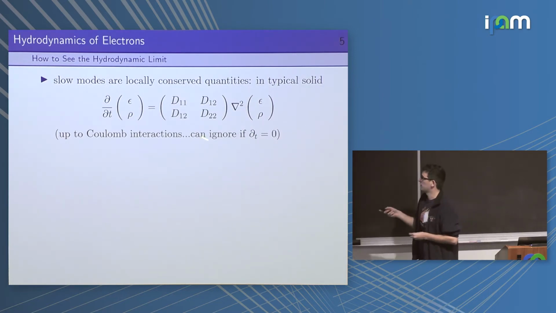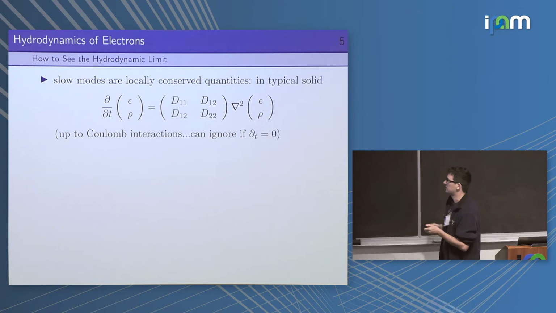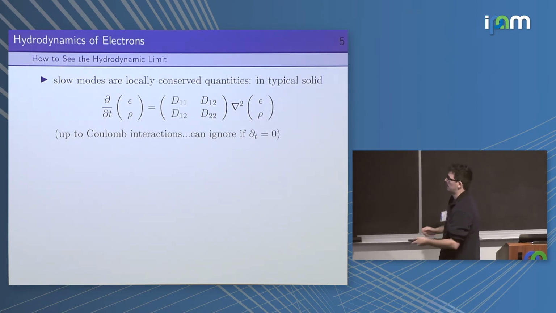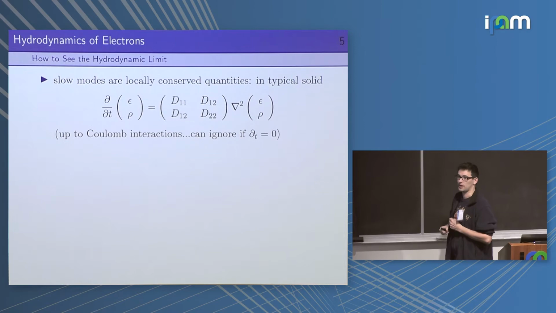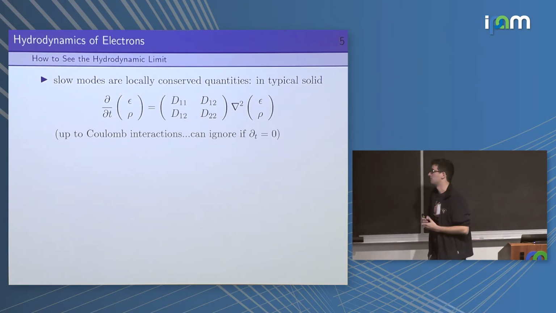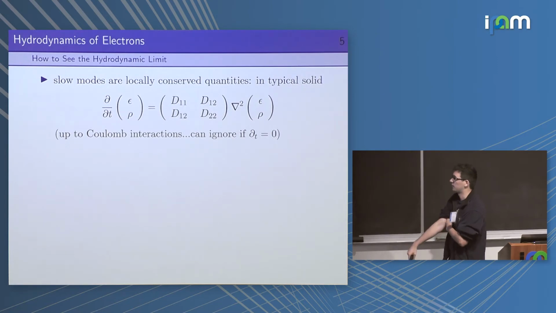And so the hydrodynamic theory that couples energy density and charge density, if we ignore this issue of Coulomb interactions for what I'm talking about today, but if we ignore this sort of irritating issue for a metal, the hydrodynamic theory that would couple an energy density to a charge density is this diffusion equation. Okay? And the most exciting thing about this equation is that there's a 2x2 matrix. So probably not very exciting to a mathematical audience, but that's about all we get.